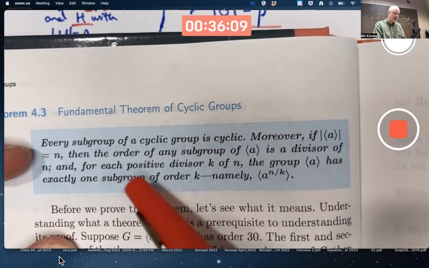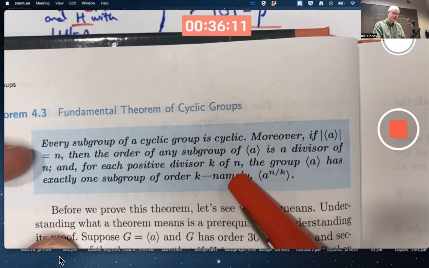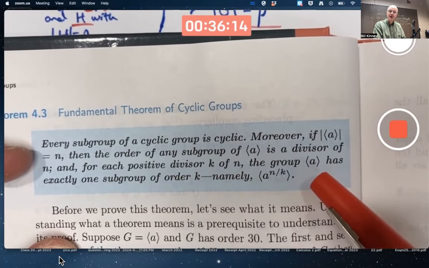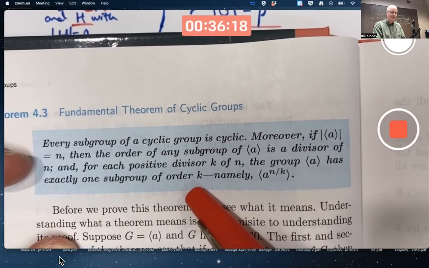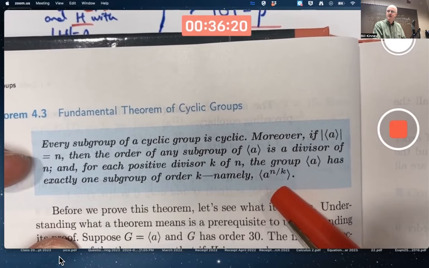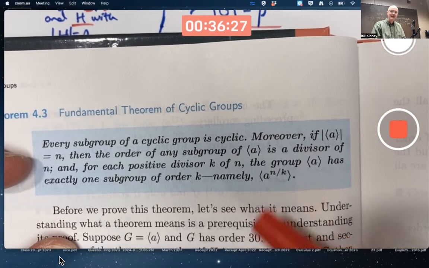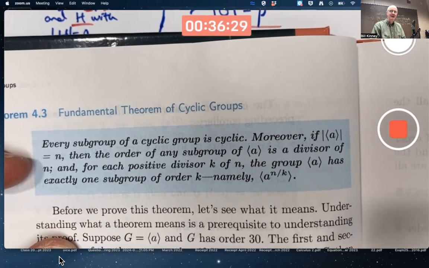And even more, for each positive divisor K of N, the original cyclic group has exactly one subgroup of order K. You can even specify what it is with this notation. Exactly one. So that's really saying a lot.